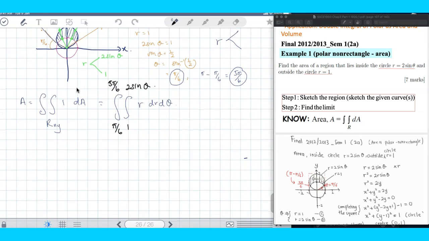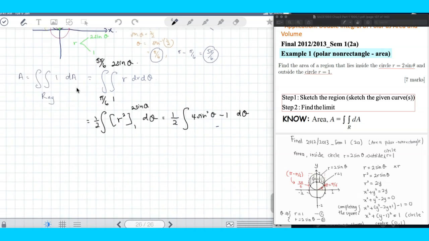So we can integrate. First with respect to r, so you have 1 over 2 r squared, r from 1 to 2 sine theta, d theta. Then you will get 1 over 2 times (4 sine squared theta minus 1) d theta.